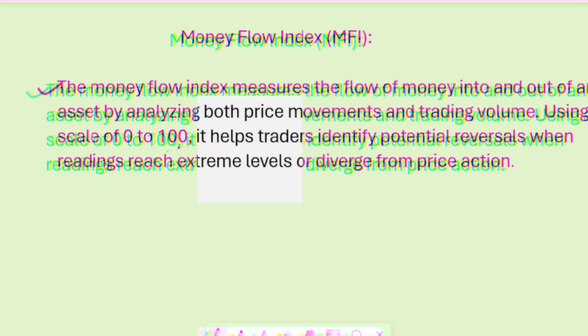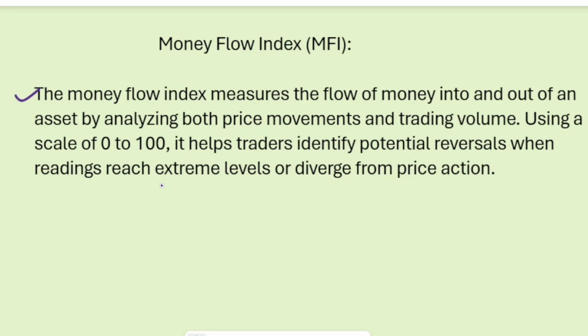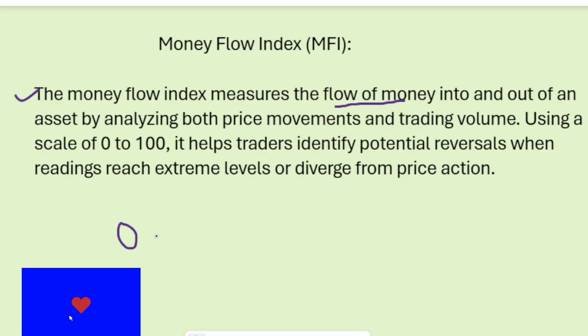The money flow index is a technical analysis indicator. It is simply an indicator that allows traders to follow the money. So the money flow index measures the flow of money into and out of an asset by analyzing both price movements and trading volume, using a scale of 0 to 100.